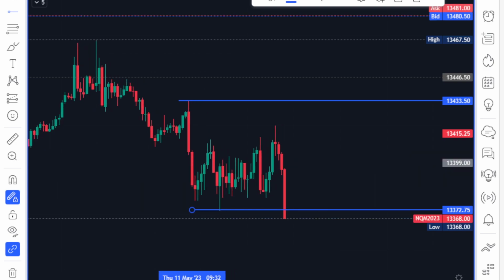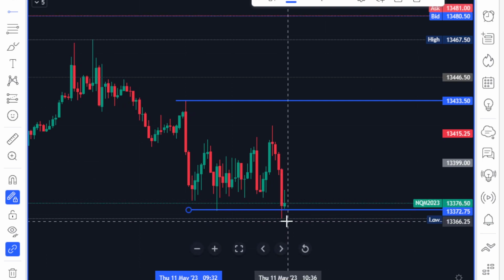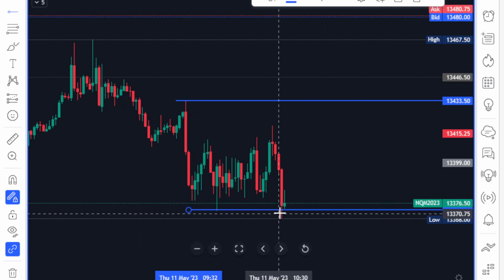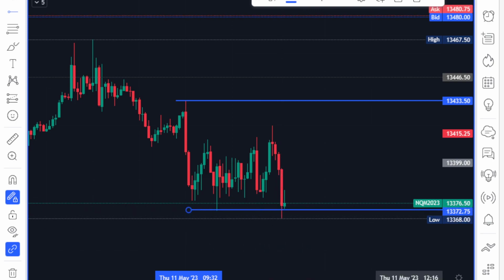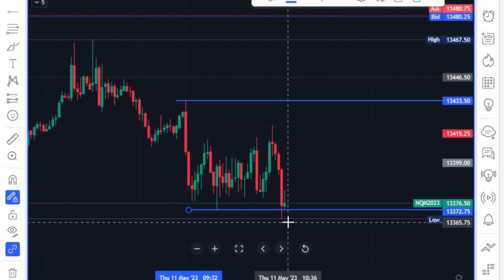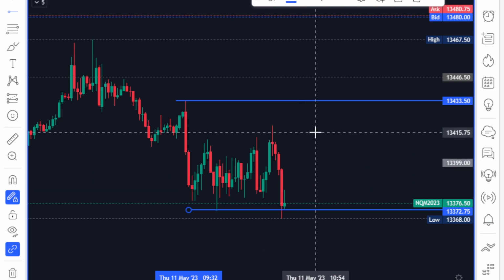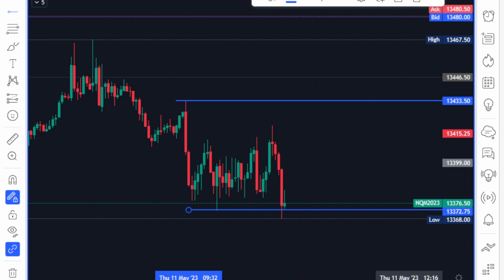Some days you won't get this setup, but most days you do. So here we can see that price swept the low first. So what we want to see here, since it swept the lows, the sell side liquidity, we want to see a market structure shift back to the upside and creating a fair value gap while it does that. So let's continue on and see what happens here.